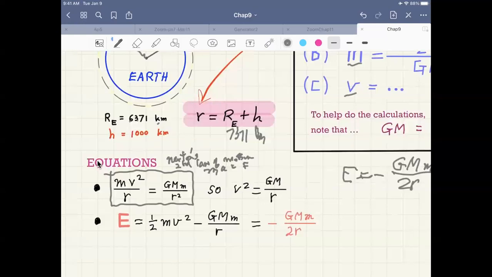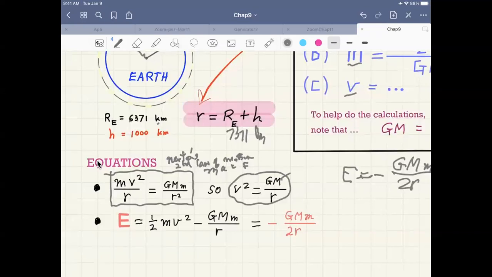Well, the acceleration is v squared over r because it's a circular motion. So that's the centripetal acceleration, v squared over r. Now, what's the force? The force is the force of gravity, GMm over r squared. So, for example, the little m's cancel, one power of r will cancel, so I can write down an equation for the speed.